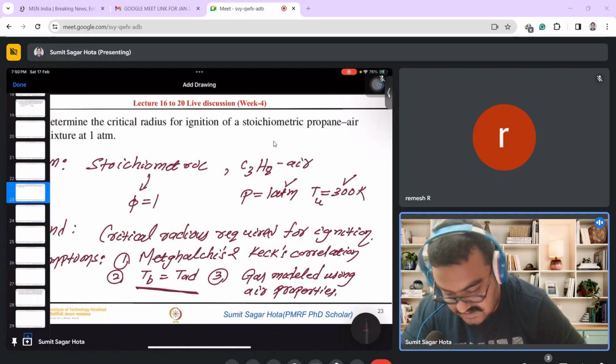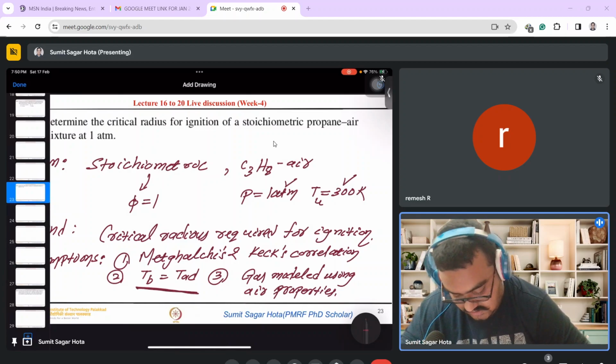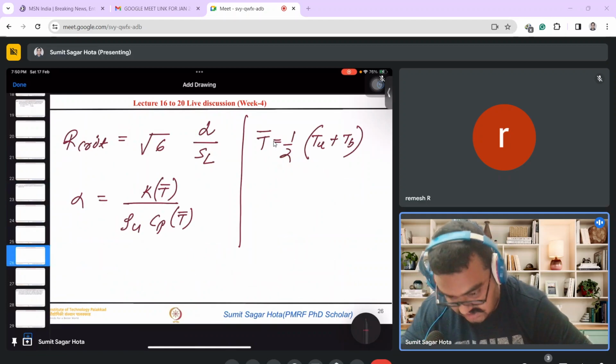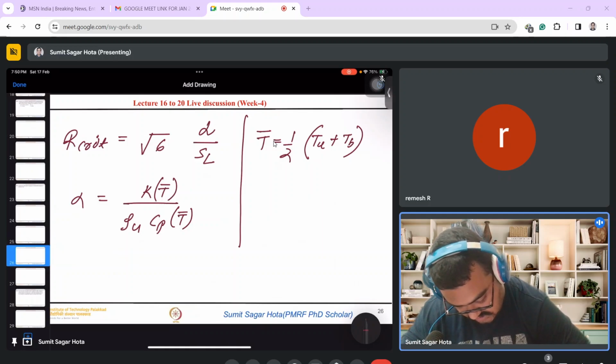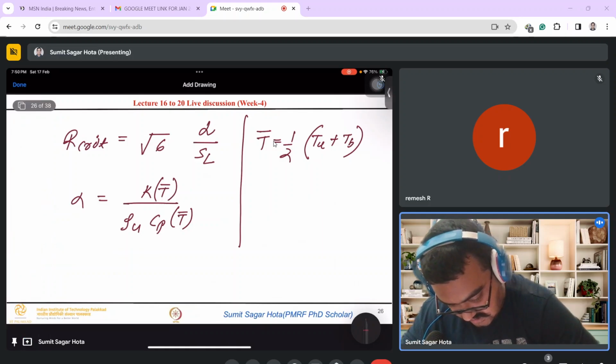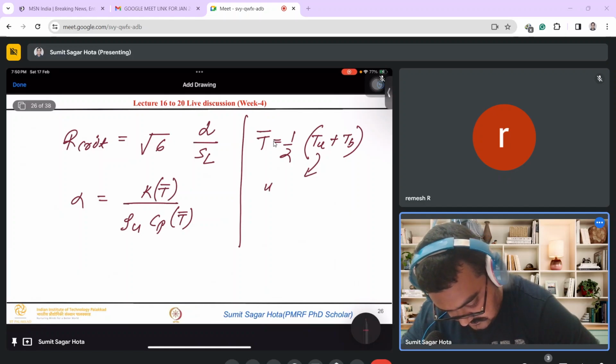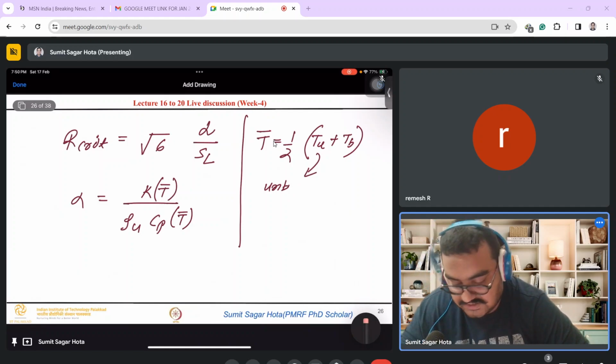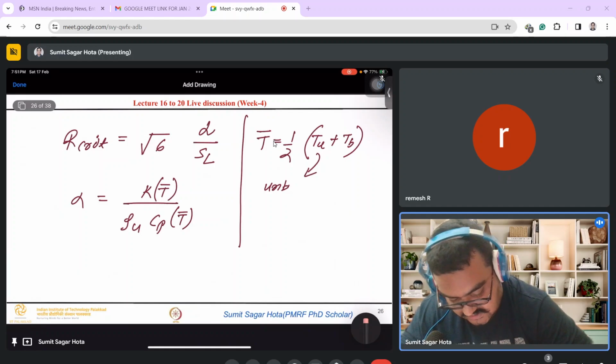That means the adiabatic flame temperature of propane is the same as your burned temperature. So you should also know the adiabatic flame temperature of propane. Some of the basic gases you should remember: the adiabatic temperature of methane, acetylene, then propane, then hydrogen, ammonia. All these gases you should remember.